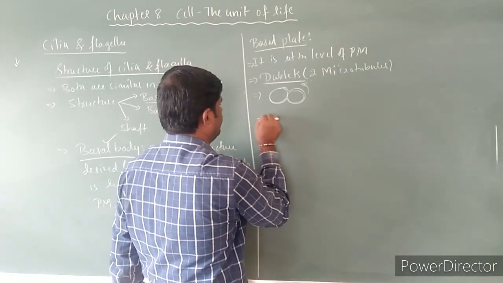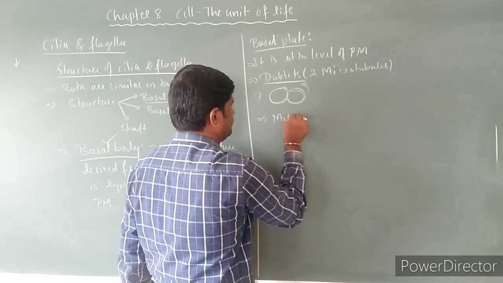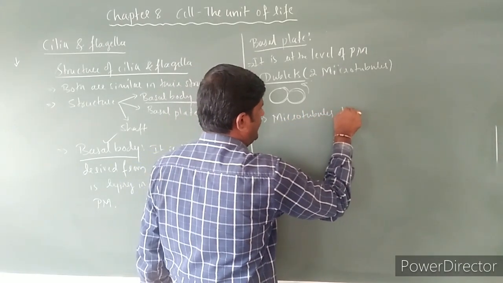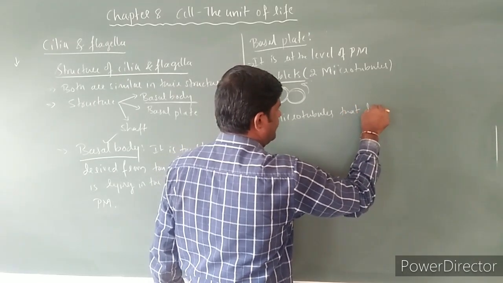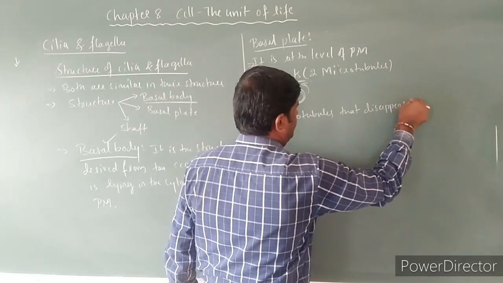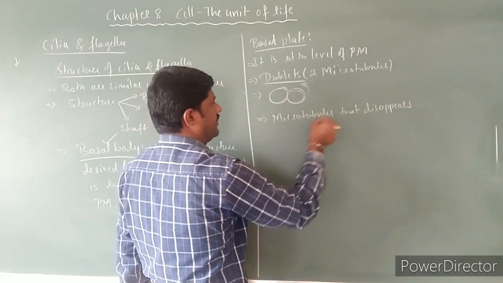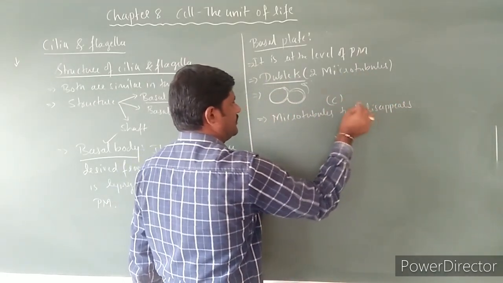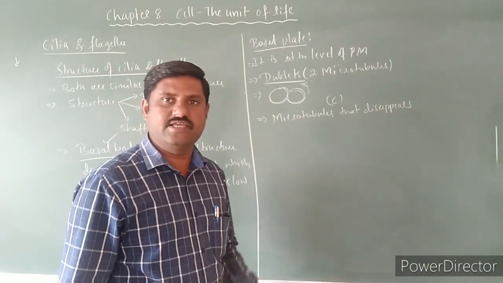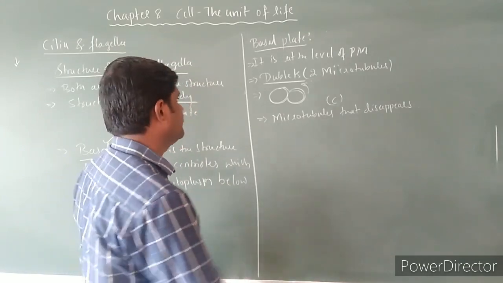Microtubule C disappears over here. Only the doublet is seen instead of the triplet.